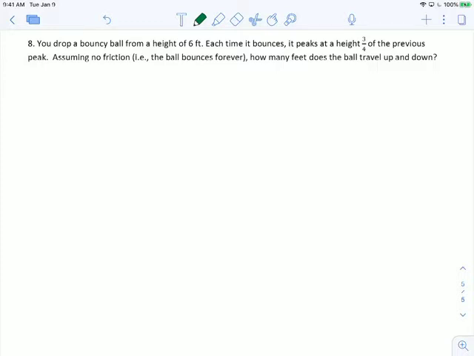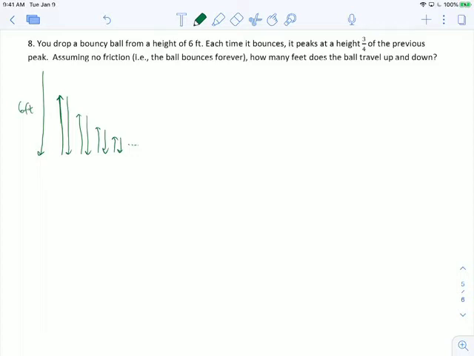So I want to try to illustrate this a little bit. So the ball is going to drop 6 feet, and then it's going to bounce back 3/4 of what it was, and then bounce back down, and then go back up 3/4 of what that was, back down, 3/4 up, back down, 3/4 up, back down, etc. So we want to see this visual of how far the ball is traveling.